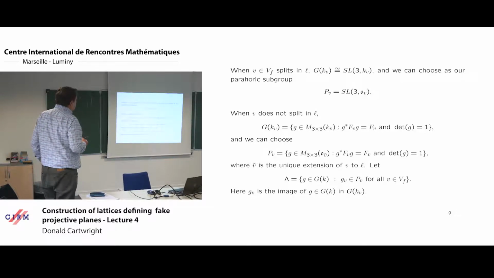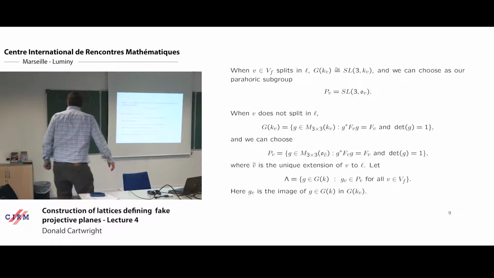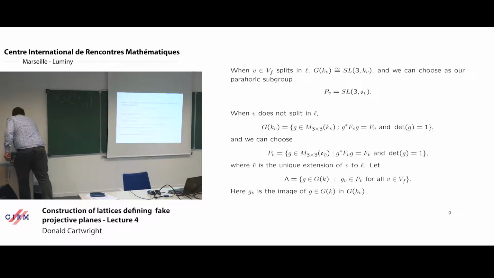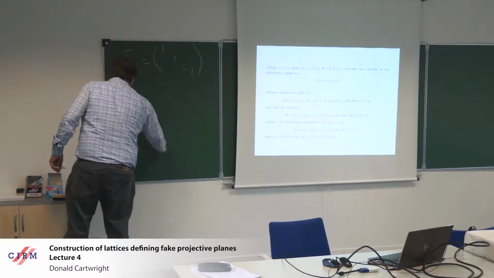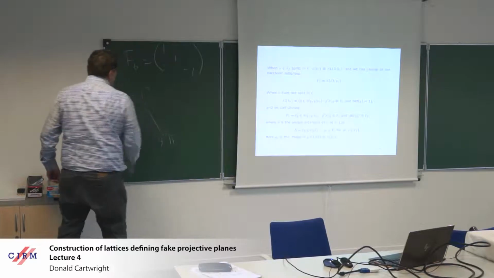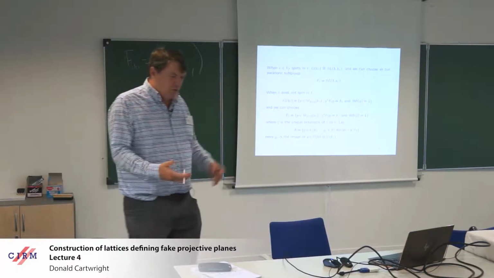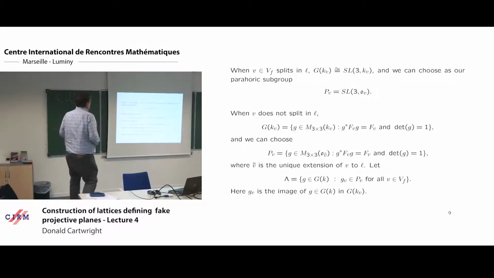now I want to choose parahorics. So remember in this diagram, there's a lambda, and this is sort of a product of parahorics, and we want to choose them.